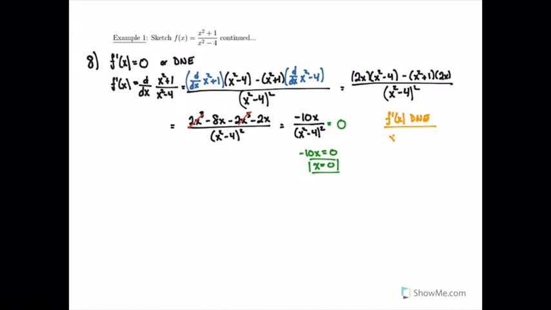That's going to be when x squared minus 4 equals 0, or x equals positive or negative 2. Those are special points that we need to consider. All right, and these are review from the previous section. Critical points of f.